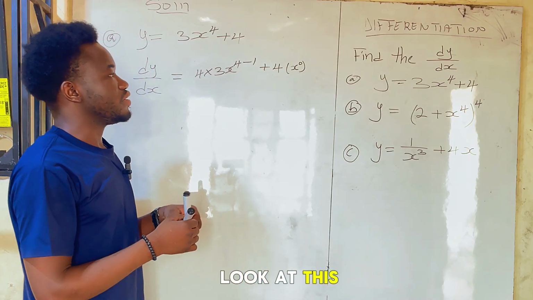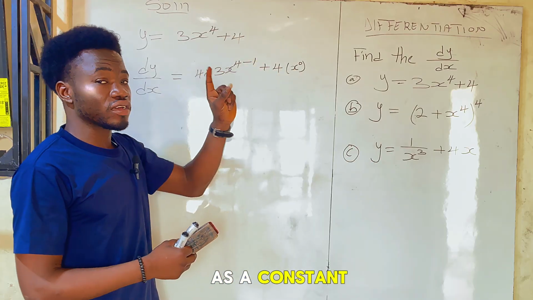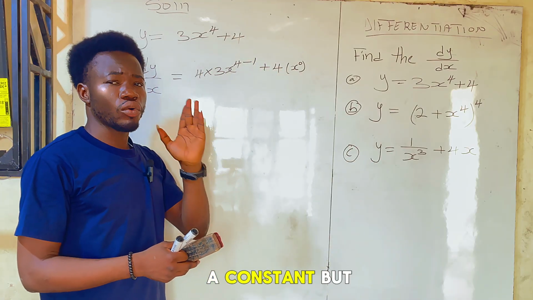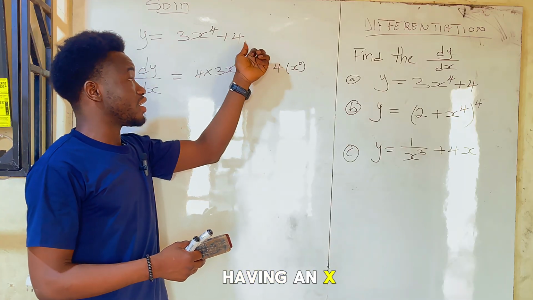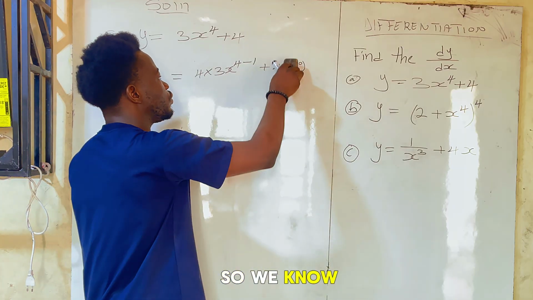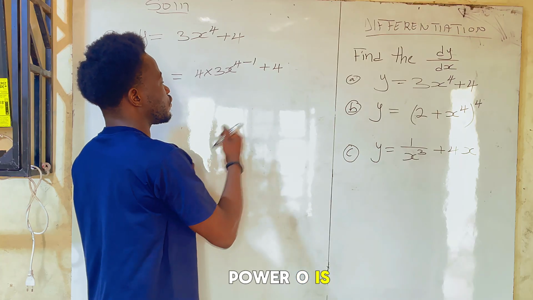Now when you look at this, you realize that we have this as a constant, because if there is no variable attached to that particular number, we call it a constant. But I want to introduce this x so that you know why it is so. We know that any number raised to the power 0 is 1.